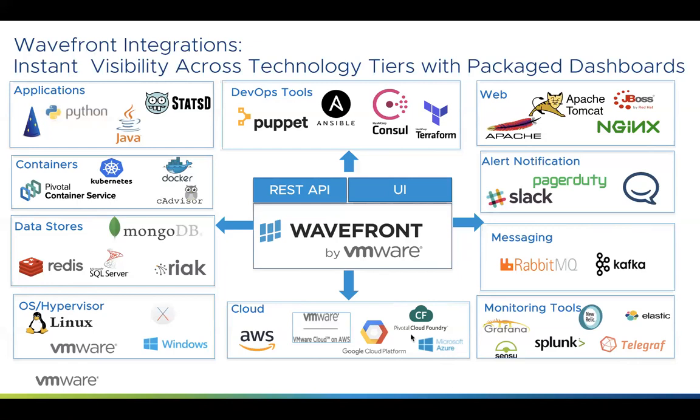Whether the integration is for applications, containers like Docker or Kubernetes, traditional data stores like databases, host environments like Linux, virtual machines like VMware, DevOps tools, web containers or web servers, alert notifications or messaging queues, monitoring tools, or the cloud, all the spectrum of the metrics that you may want to monitor can be easily supported by Wavefront.